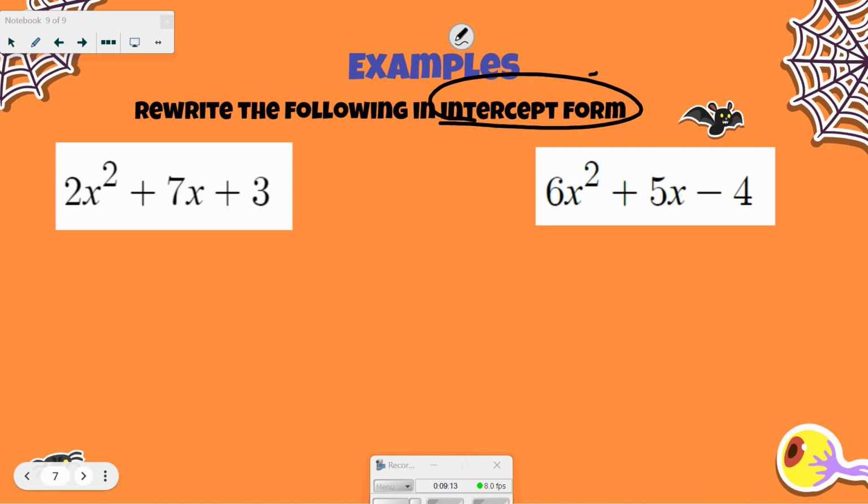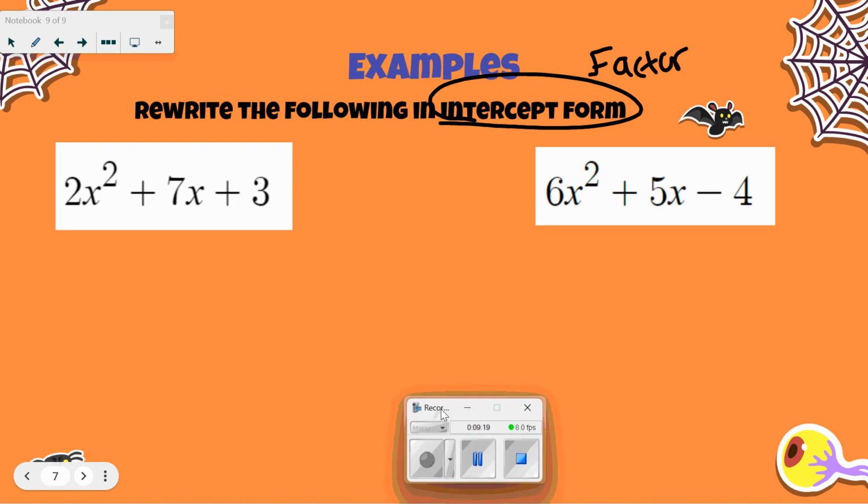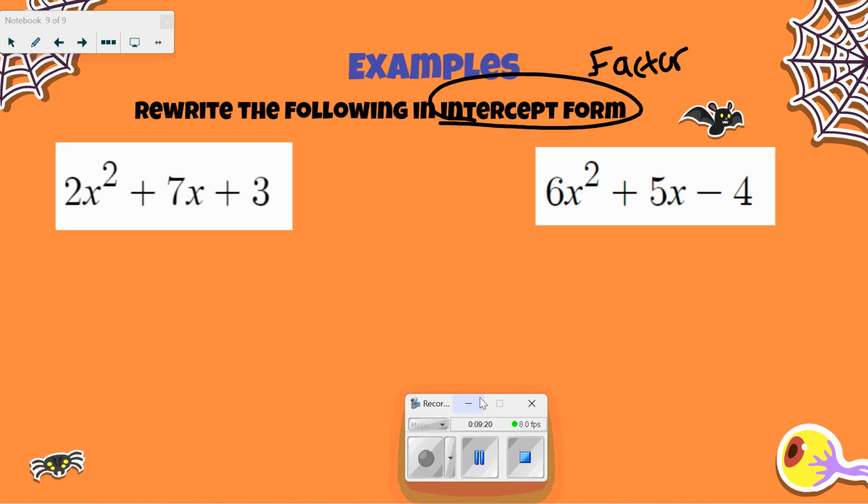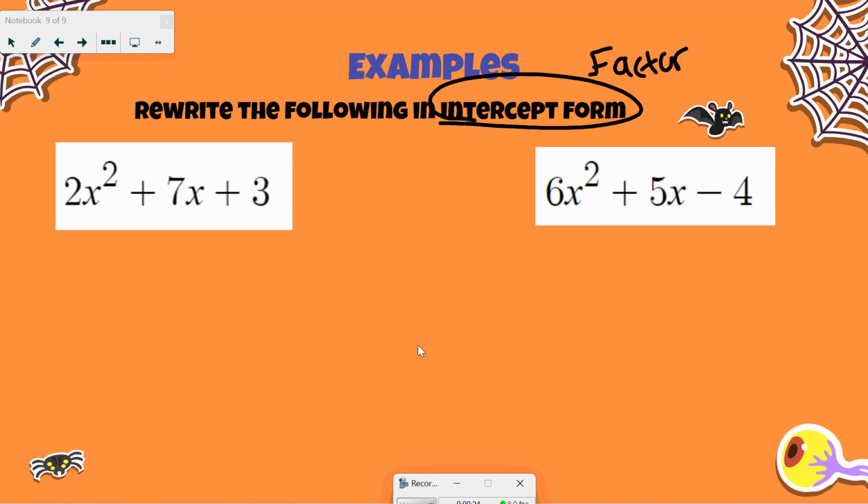So why don't you guys take a minute and factor these two? We're wrapping up, so let's go through these two. And where did we go? So let's hear from you guys in that back middle table. What are some ideas you have with factoring our first problem?